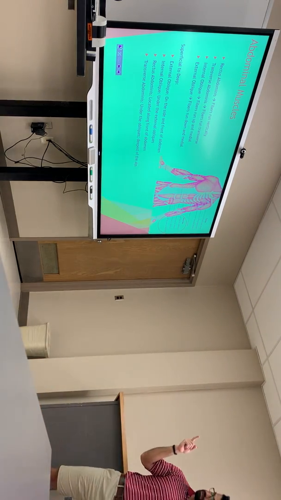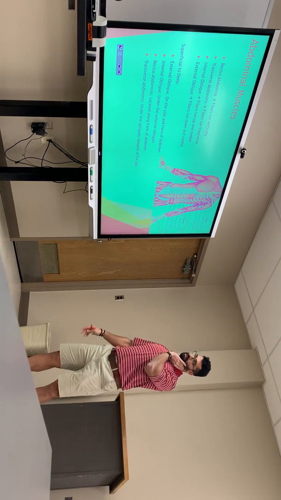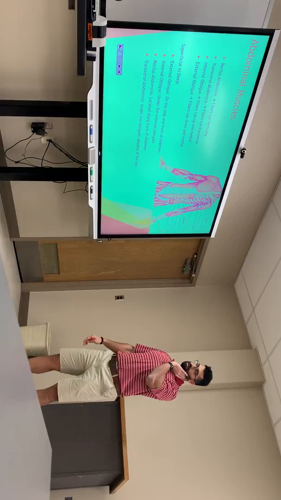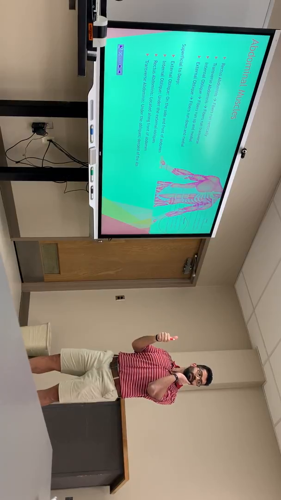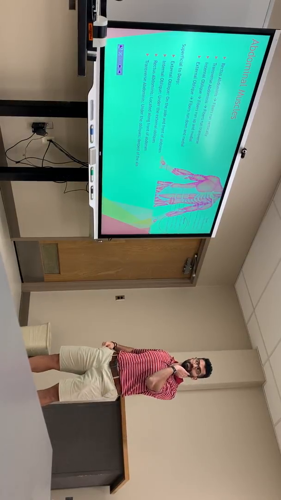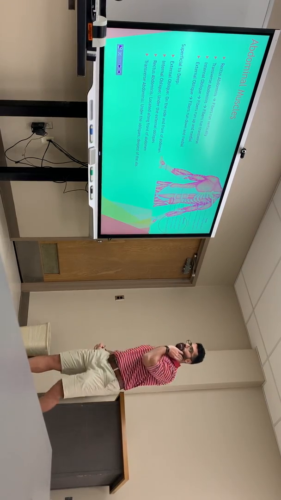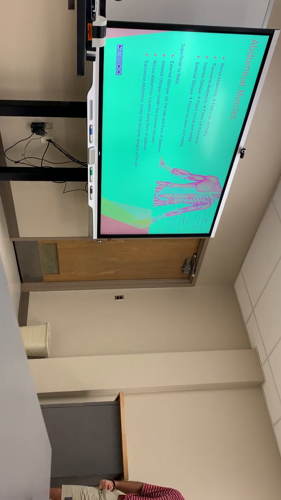And then the internal and external obliques. Among these four muscles, which one is the deepest one? The transverse abdominis is the deepest one.